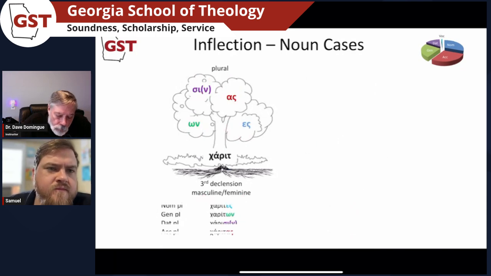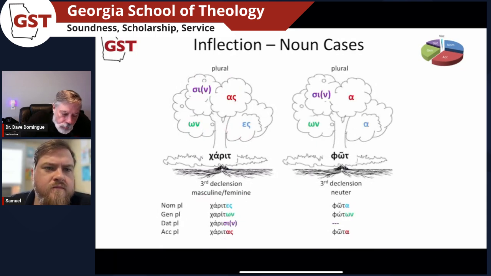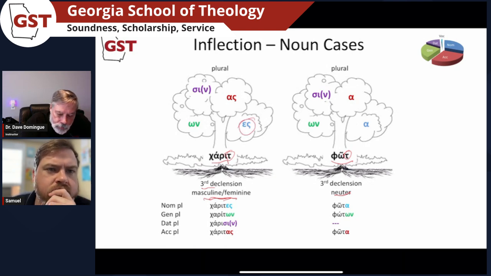In the plural, we're going to pull up all of it. So in our plural, it's the same thing, right? Third declension word. There's our third declension case stem ending with the consonantal ending. So this is karis, or from karit. This is phos, from phot. And the masculine feminine words follow this pattern, and the neuter follows this pattern. Well, the masculine feminine for plural is going to have an epsilon sigma case ending.